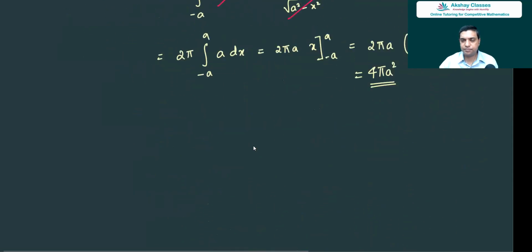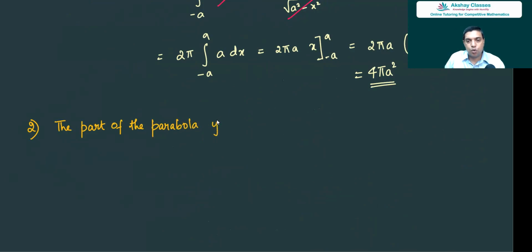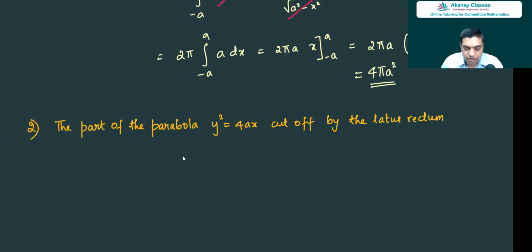Let's do the second problem. The part of the parabola y square is equal to 4ax cut off by the latus rectum revolves about the tangent at the vertex.